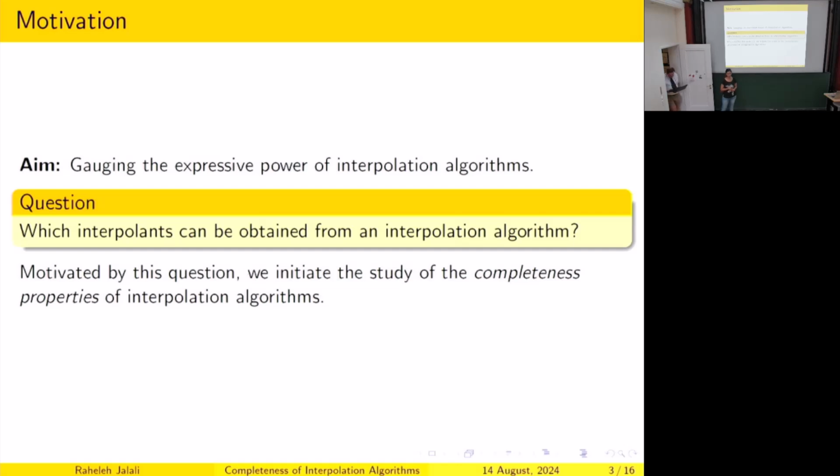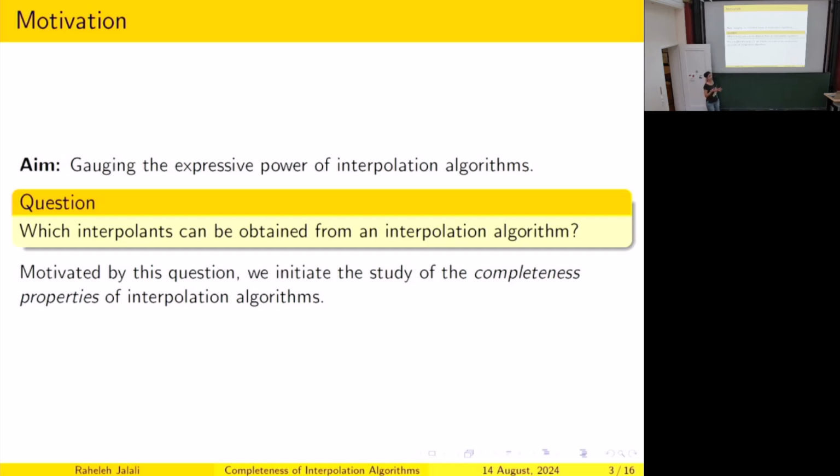I was in Vienna visiting Matthias Baaz, and Stefan came to me and asked me about this problem, whether I know if every interpolant can be obtained from an interpolation procedure. I said I don't know, and it was surprising to me that nobody else had done this, so this initiated our study together.